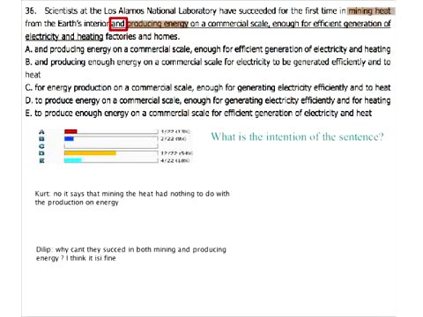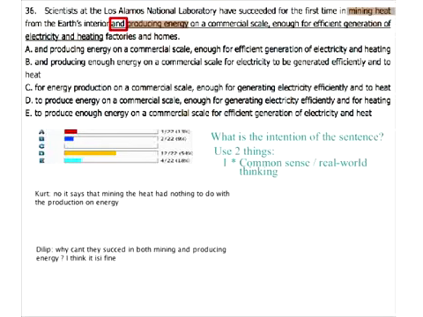The intention of the sentence: when you read the sentence, you have to take into account two things. Number one, plain old common sense or real world intuition. And number two, the fact that the sentence is a unit.